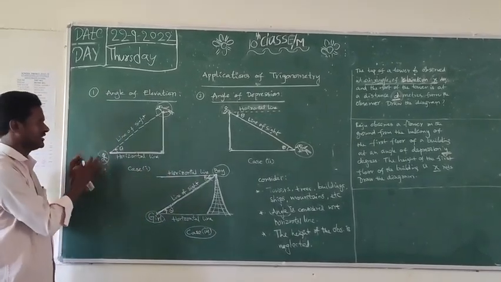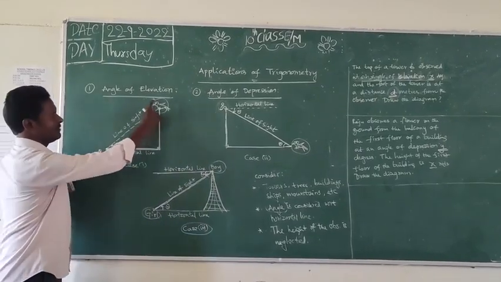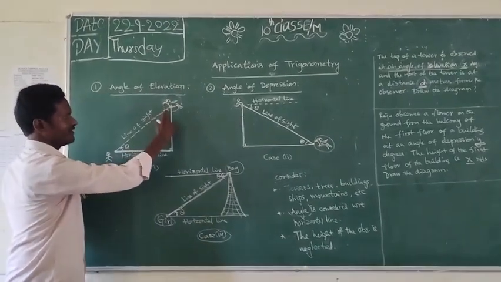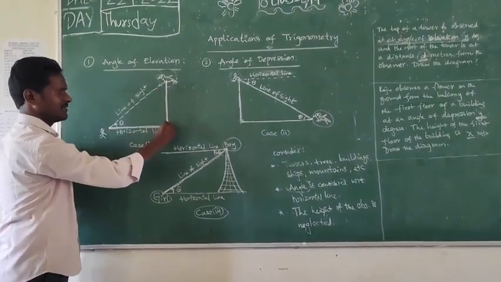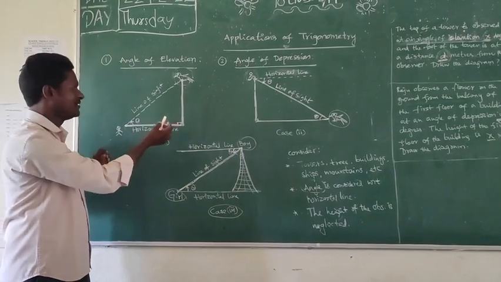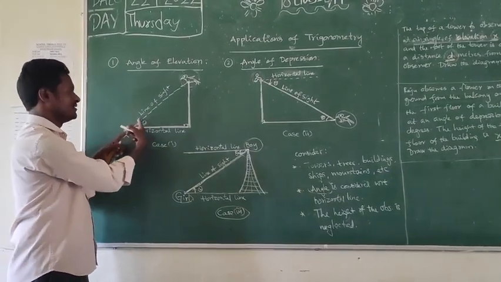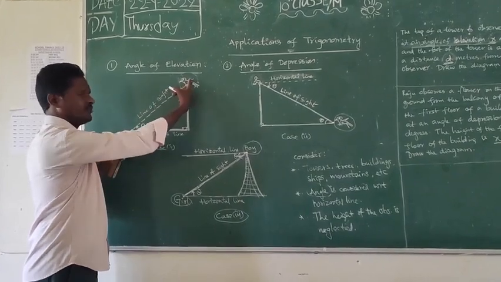So look here, a person is standing here and a bird is sitting on the top of the tree. Suppose consider this as a tree, or tower, whatever it may be. Here a person is seeing the bird. So a person is watching the bird.